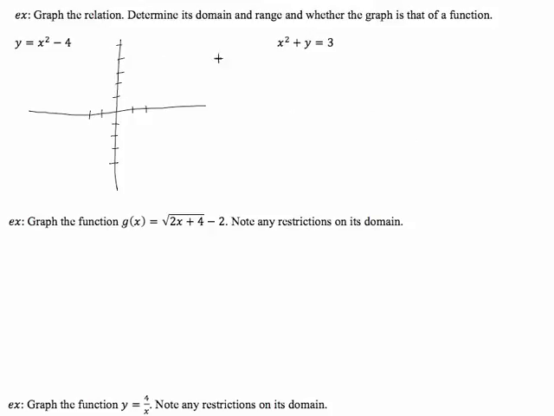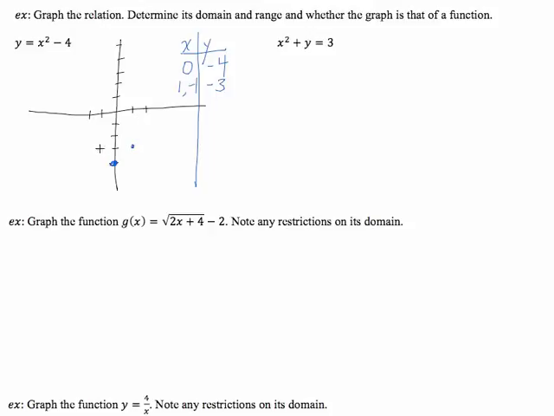Okay, so just write out a few little points here. This is for the first problem here. So when x is 0, 0 minus 4 is negative 4. It's going to go through 0, negative 4. When x is 1 or negative 1, either way, 1 squared is 1, minus 4 is negative 3, and negative 1 squared is also 1 minus 4, so it's also negative 3.